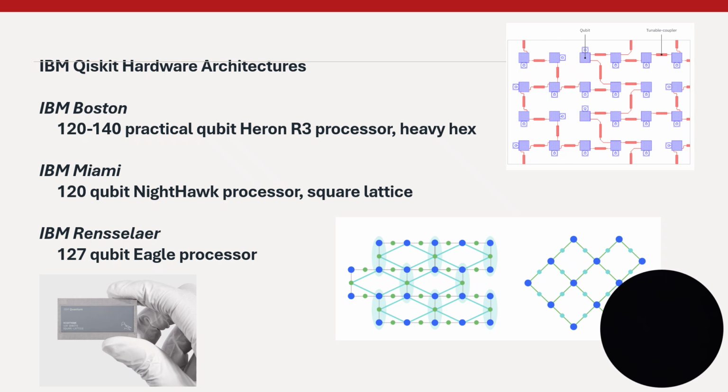And the IBM Rensselaer system uses the Eagle processor with up to 127 qubits. Since our algorithm allocates one network attack node per qubit, we'll be looking at feasibility of denial of service attacks up to a data set of about 110 nodes in scope.